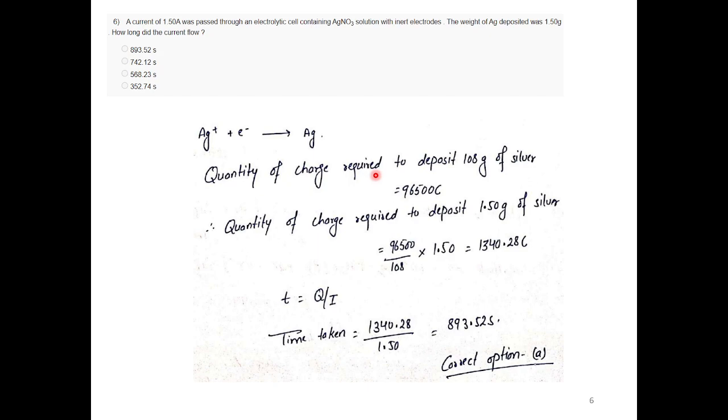So this is a very simple calculation. So you deposit 1.5 gram of silver.